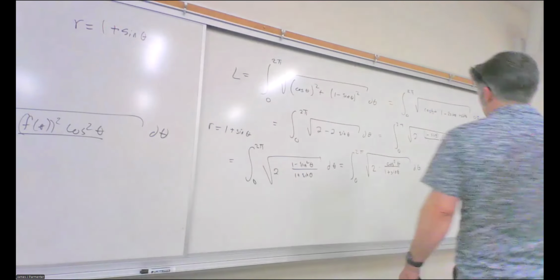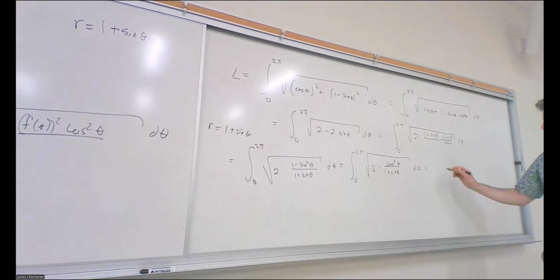So then you can break this up as the square root of 2 integral from 0 to 2 pi. The square root of cosine squared is cosine. The bottom is the square root of 1 plus sine. And then you can do a u sub. U equals 1 plus sine theta. Du is equal to cosine theta d theta.